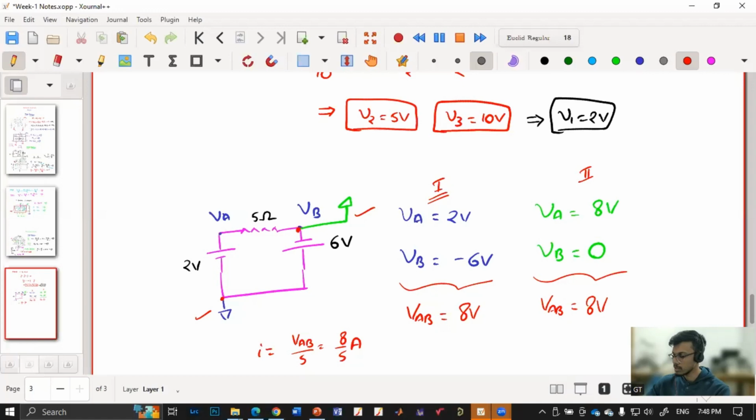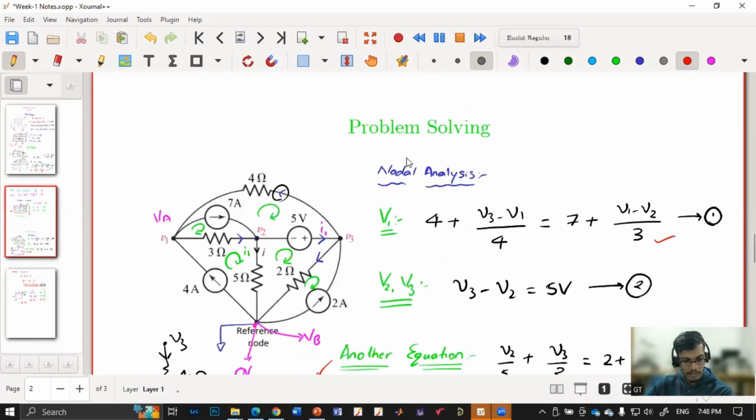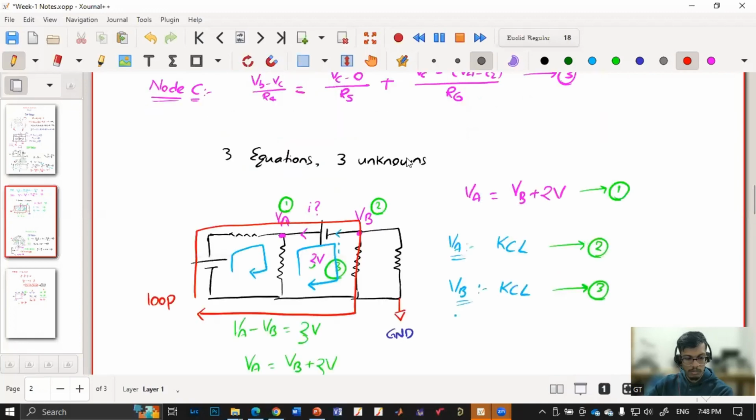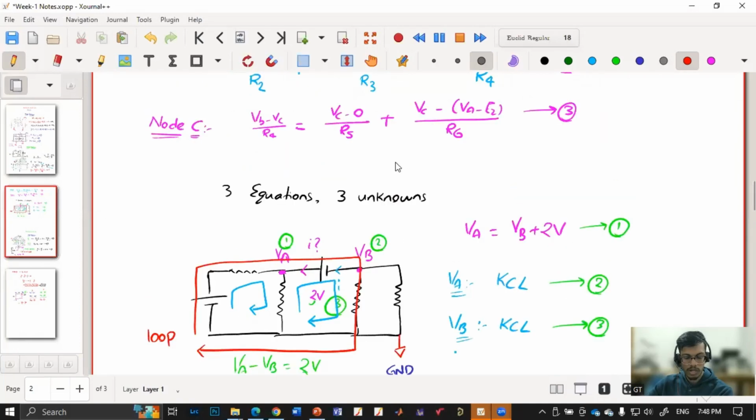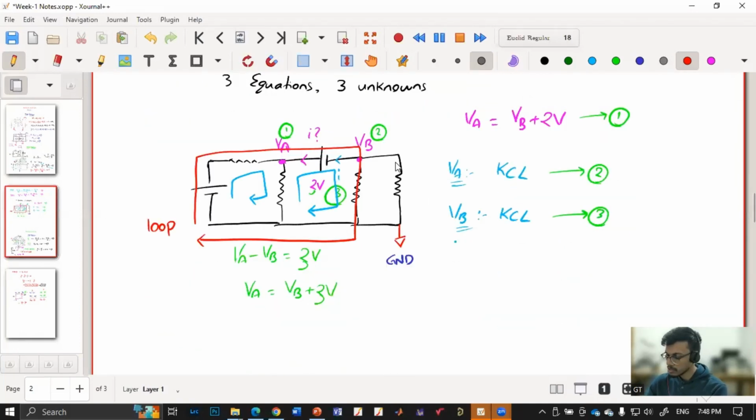Yes, sir. Okay. And before this conversation, someone was asking about the border case in nodal analysis where we cannot directly apply it. So I have considered this example where there is directly a voltage source between VA and VB. In such cases, I cannot apply KCL because I cannot get an expression for the current in this branch.